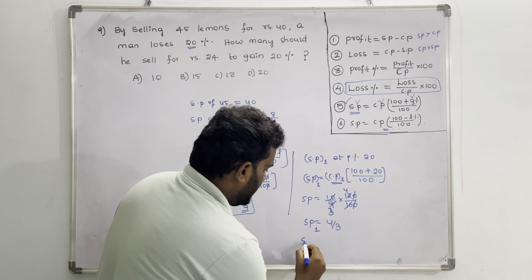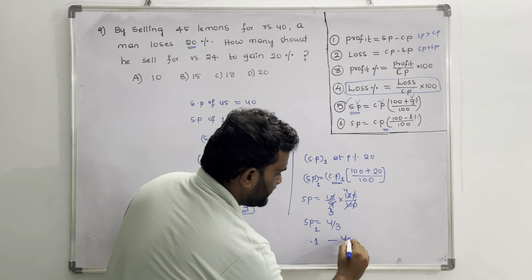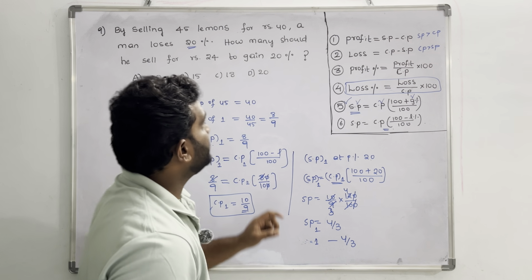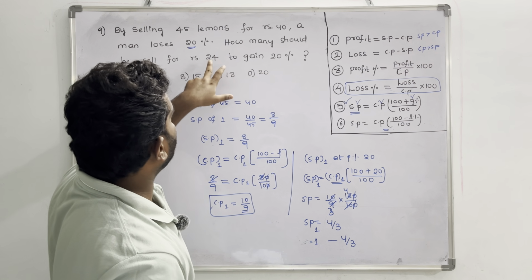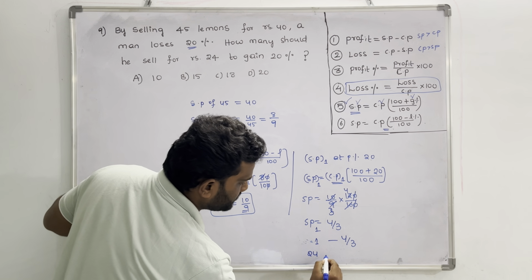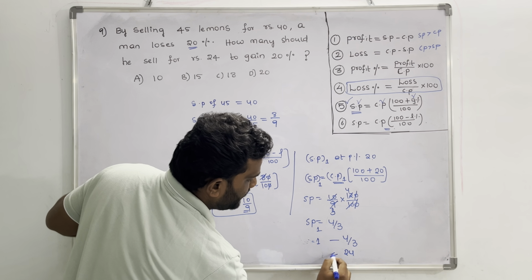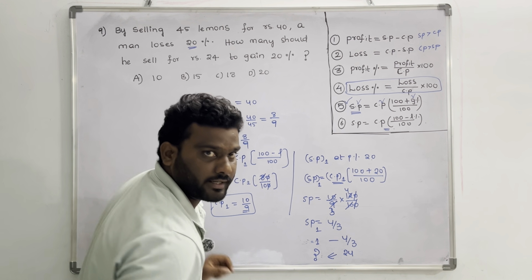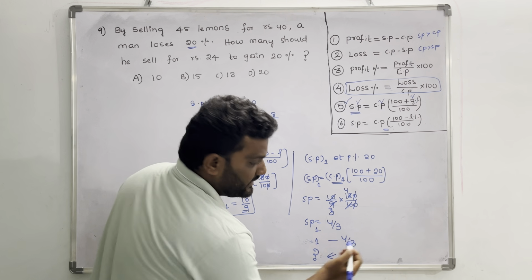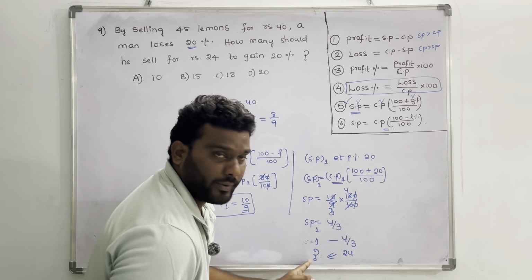See, one lemon's selling price is 4 by 3, but what is the number we need? 24. So this is the amount for 24 rupees. For 24 rupees, how many lemons? For one lemon, 4 by 3 rupees. And for 24 rupees, how many lemons?